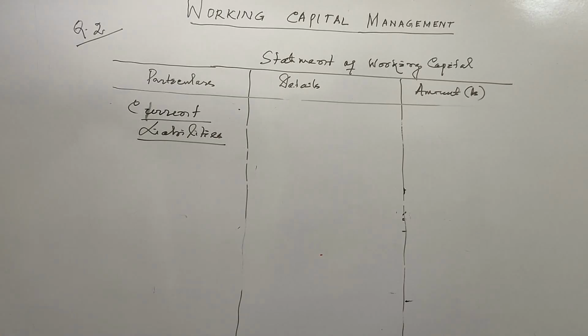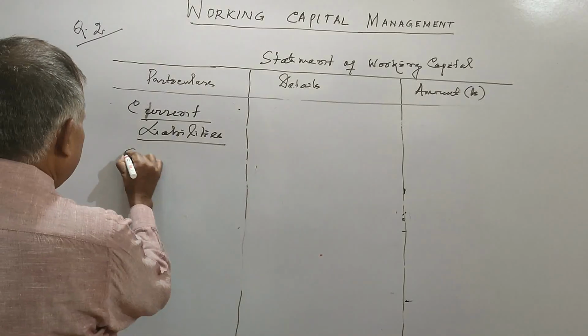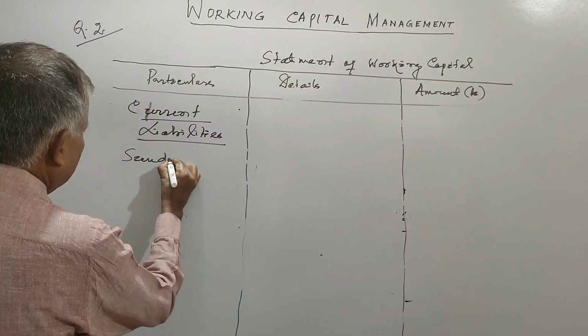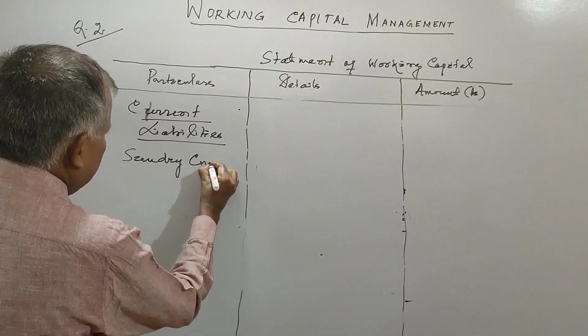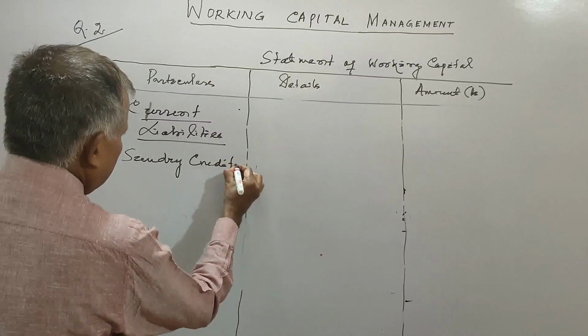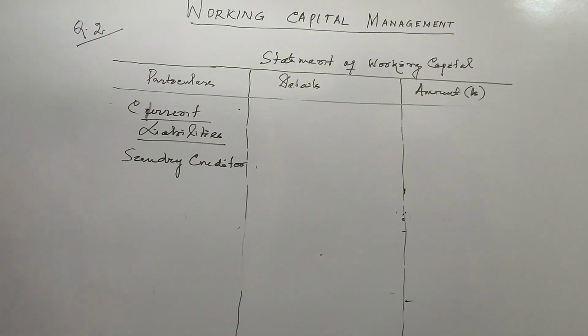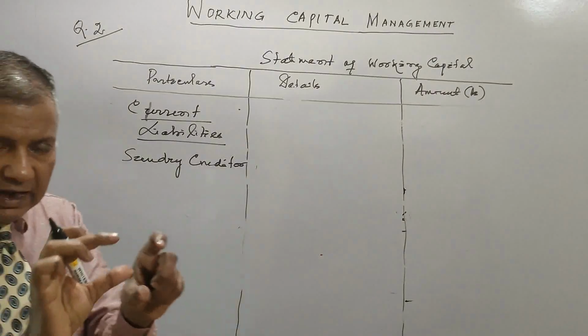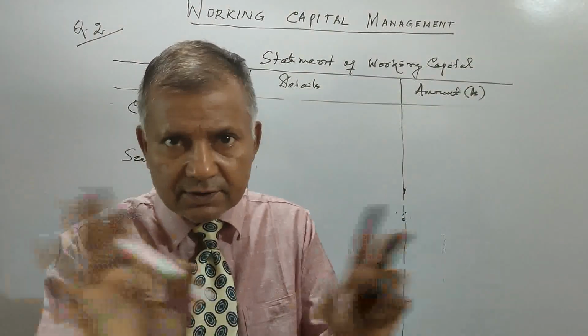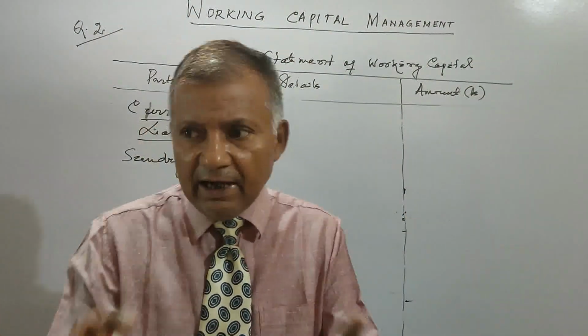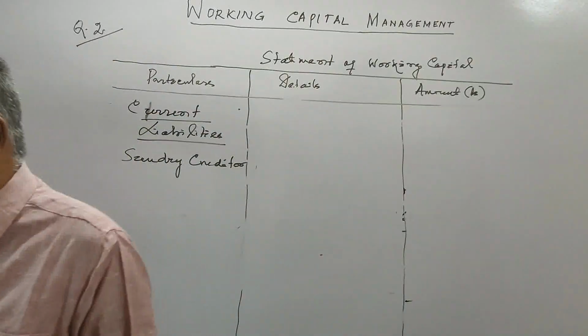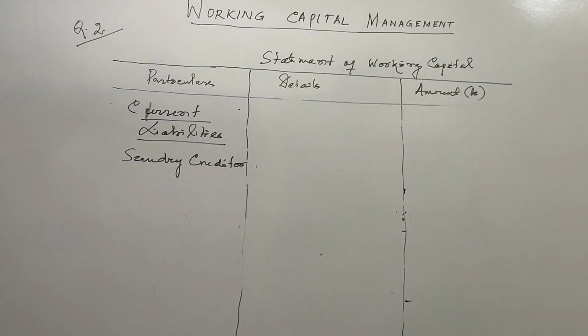This is based on raw material. The credit period is only 15 days, and creditors are related with purchase, not with consumption. And the purchase is 7,05,000. It is 15 days.